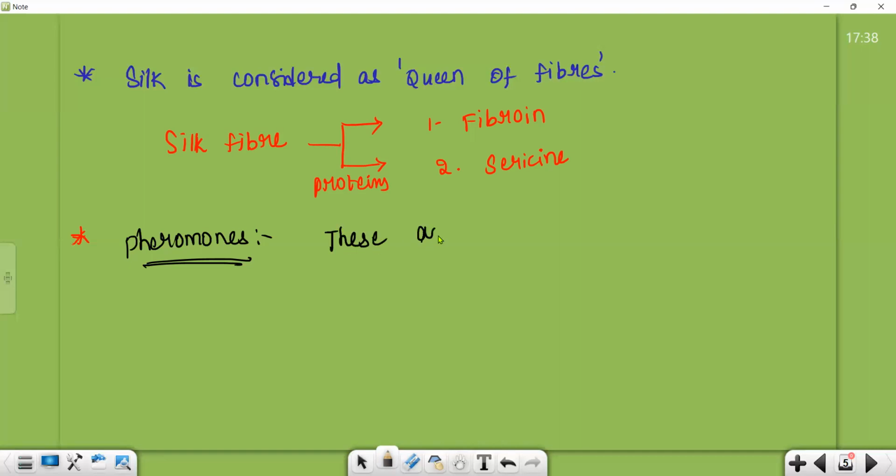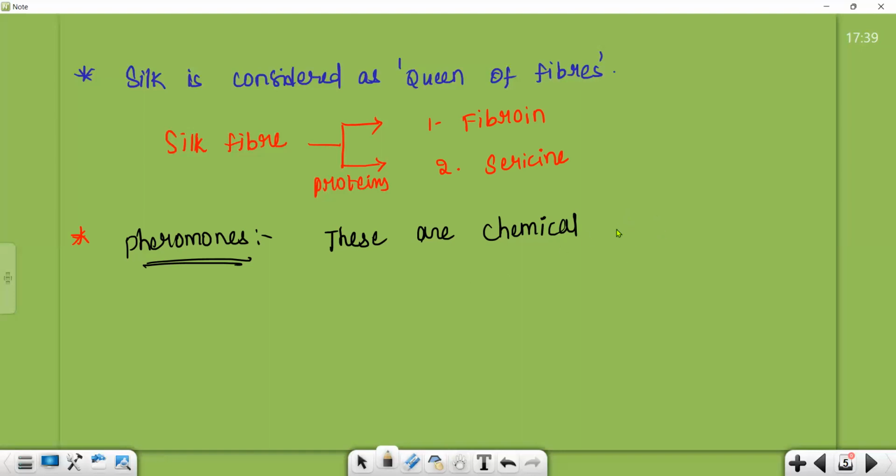Suppose you want to gain the attention of other people, what will you do? You will sing, you will dance, so that everybody focuses on you. The same thing the insect does. For them a chemical is secreted which gives a certain odor. Understood?